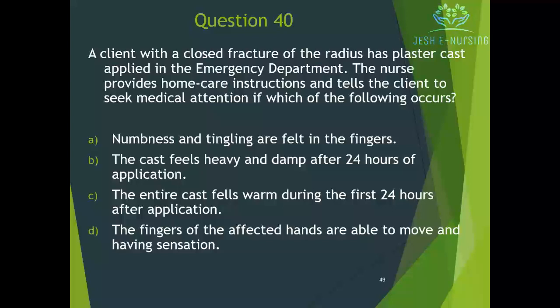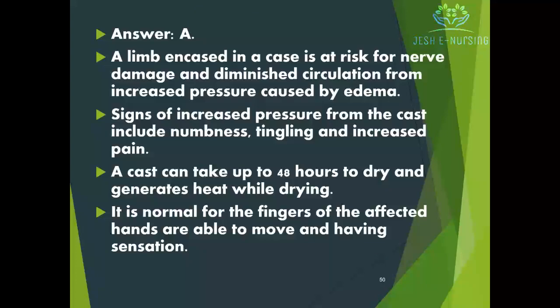Compartment syndrome means the 5 P's are evident. What are the 5 P's you should remember? First P is pulselessness, pallor, petechiae, pain, paresthesia. These are the 5 P's you need to remember.